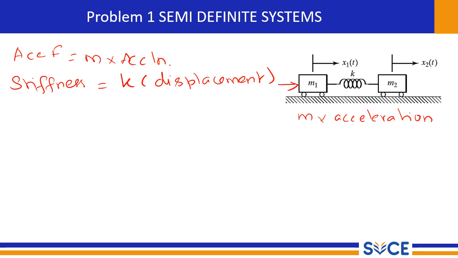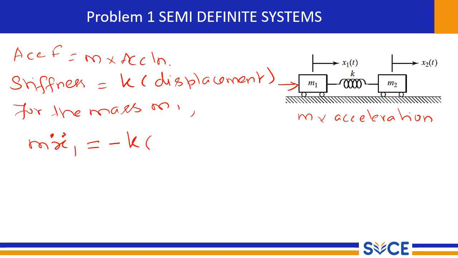Let's take them one by one. For the mass m1, we have the accelerating force, that is mass into acceleration. We can denote it as m x1 double dot, which is equal to and opposite the stiffness force. Stiffness means we have to multiply the stiffness into displacement.